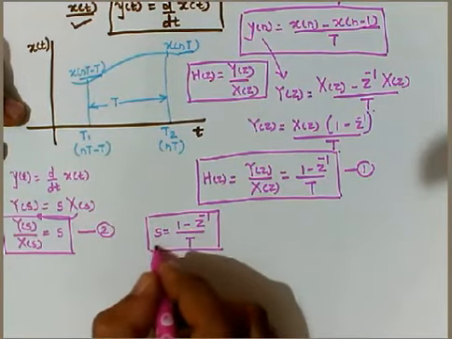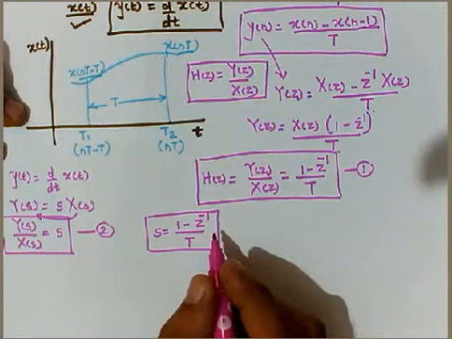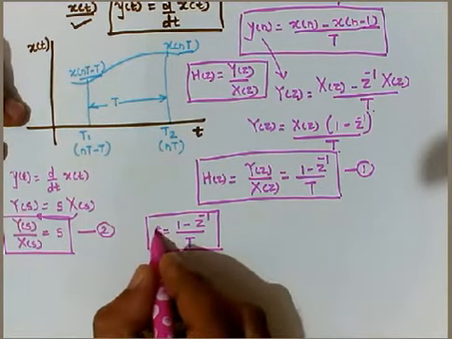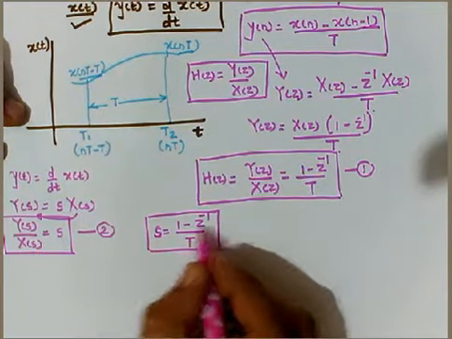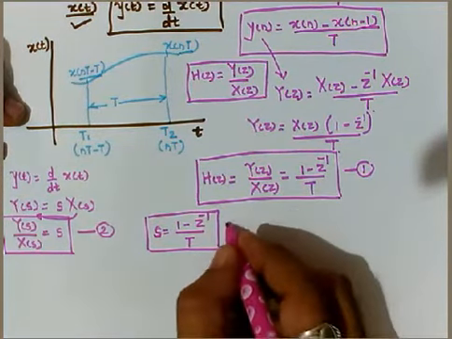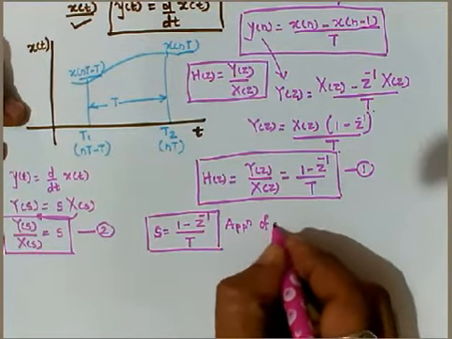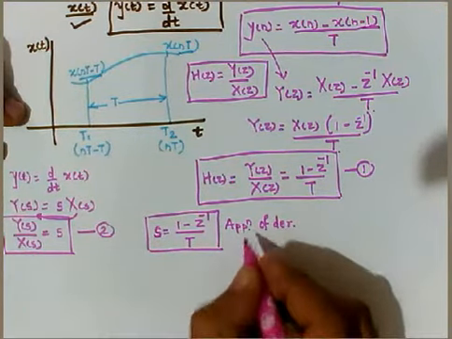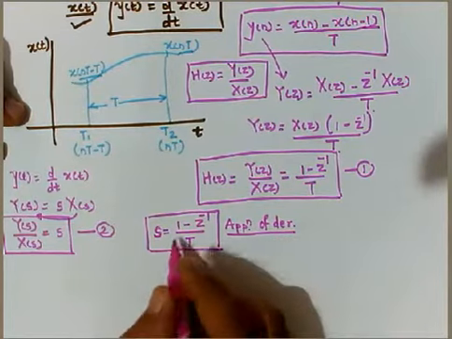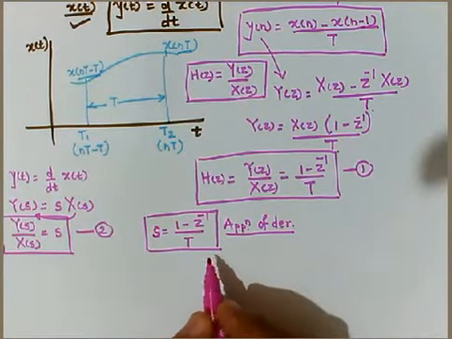It means that if someone wants to convert the analog filter into the digital filter domain, he just needs to replace s by 1 minus z inverse by capital T, using the approximation of derivative. So this is how this particular method tells us that we need to use this replacement.